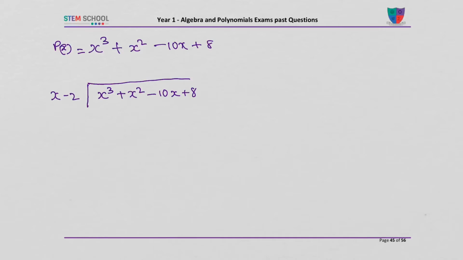So we need to find the quotient, with x - 2 here as the divisor and x cubed plus x squared minus 10x plus 8 inside. To find the quotient, what can I multiply x with to get x cubed? That would be x squared.